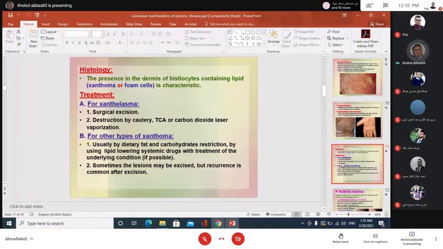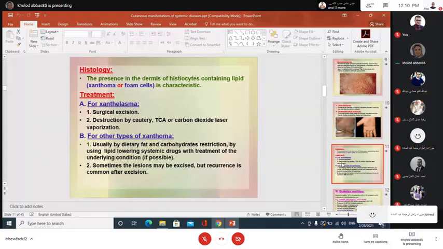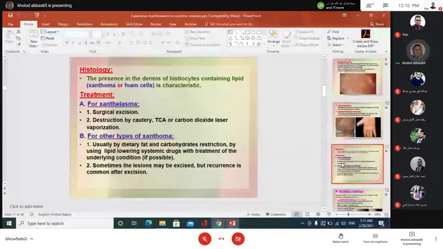For other types of xanthoma, which are associated with hyperlipidemia, usually we need dietary fat and carbohydrate restriction, and also using lipid-lowering agents, and treatment of the underlying condition if possible. Sometimes we can also do laser excision, but the recurrence rate is usually high.